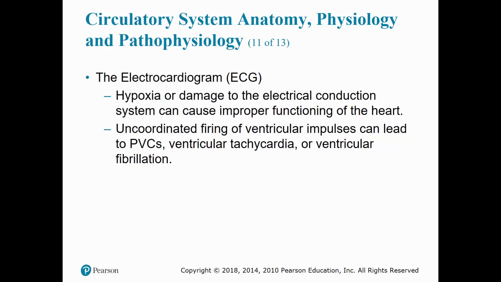When PVCs occur in succession, they can produce ventricular tachycardia, or VTAC, which displays on an EKG as steep peaks and valleys that are close together. If left untreated, ventricular tachycardia can degenerate into ventricular fibrillation, or VFib, which shows up as smaller, uneven, disorganized peaks and valleys.